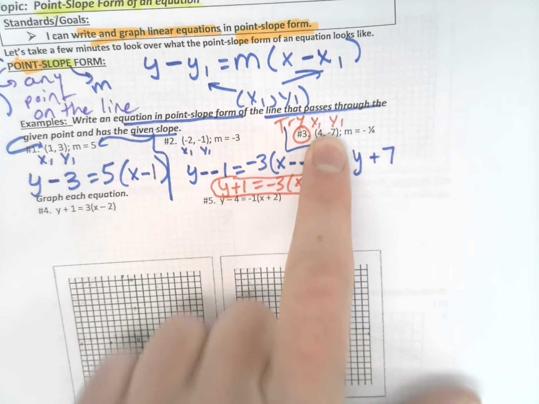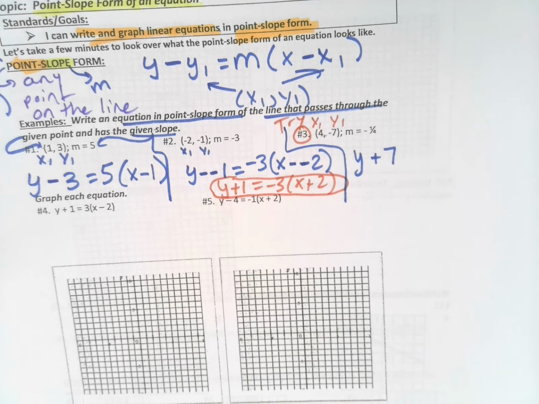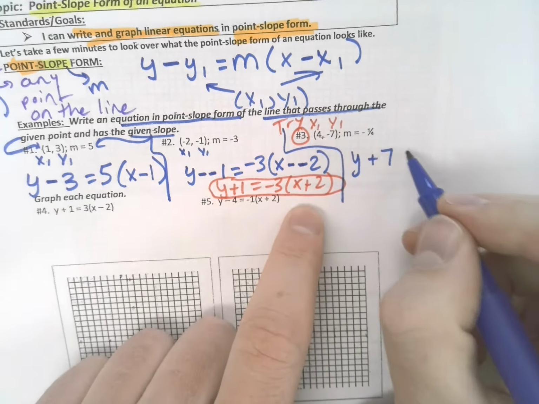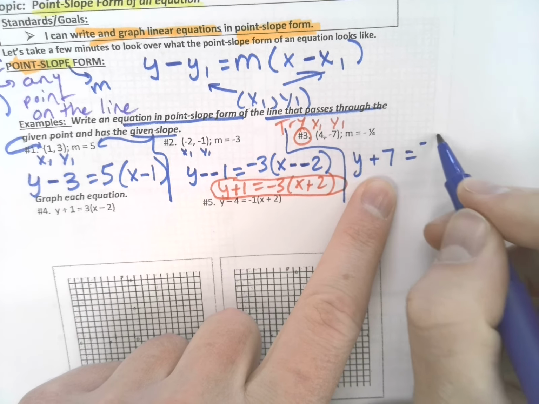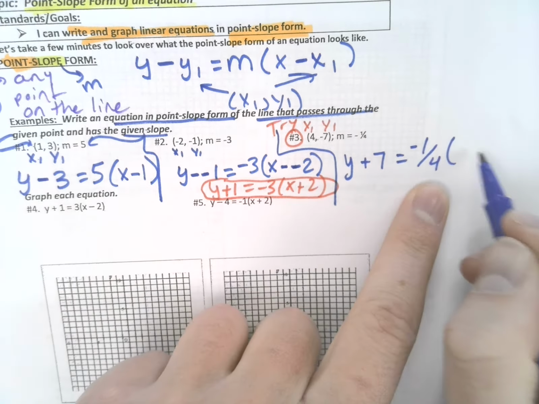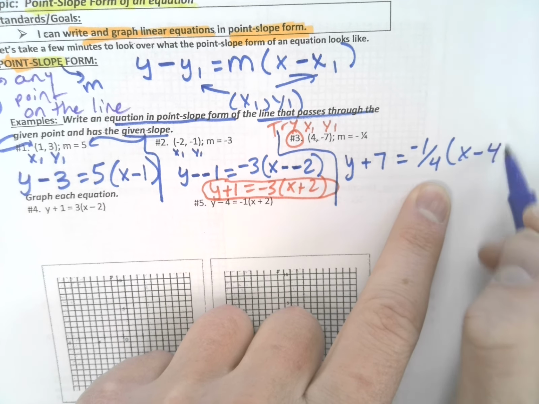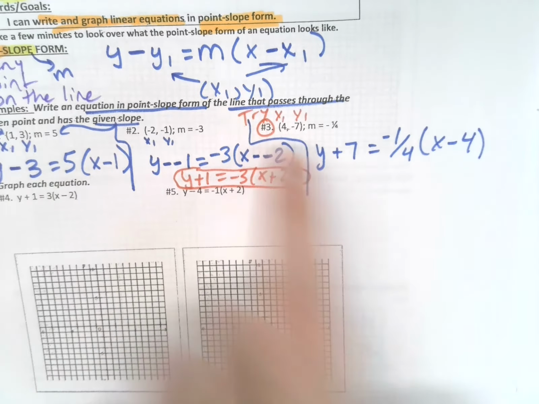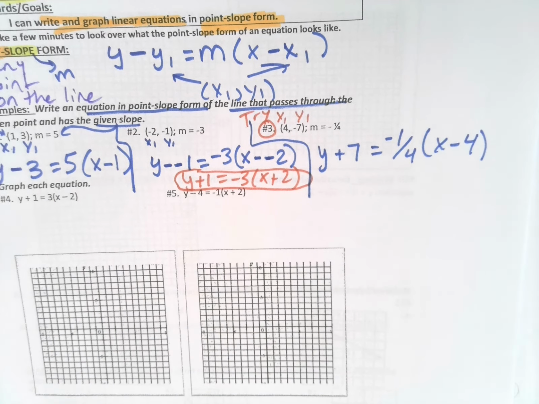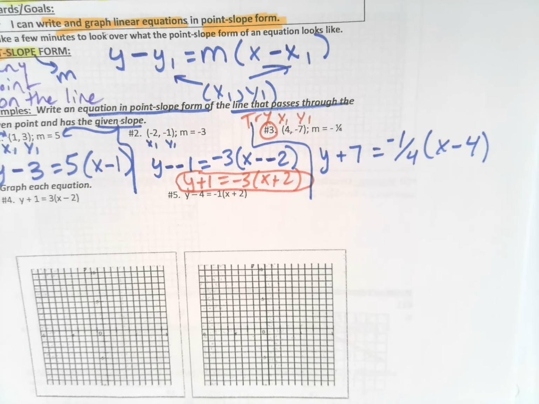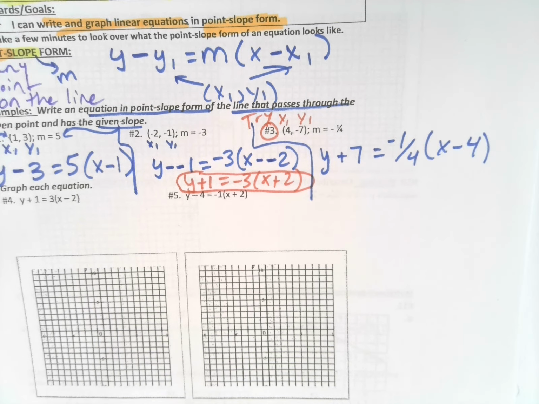Y minus -7, double negative becomes a plus, equals, x minus 4. Yep, x1's a positive 4, so when you plug it in, that stays negative. We don't have a double negative situation. Nice job on that, Jess.